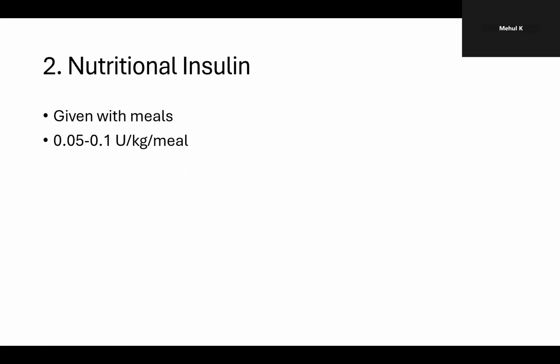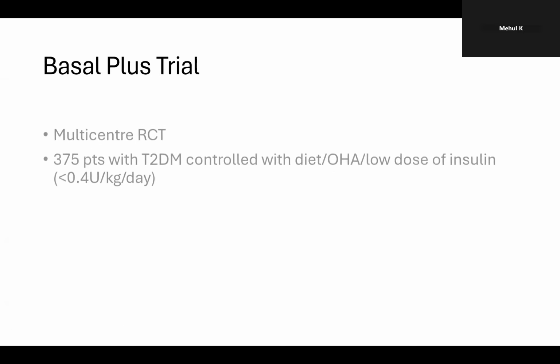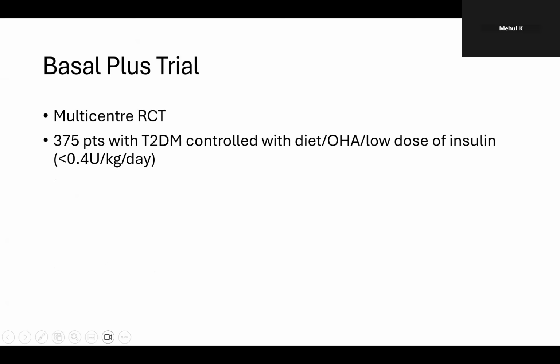Nutritional insulin is what we give with meals, so it will come to around 0.05 to 0.1 unit per kg per meal. There was actually a basal plus trial where they had patients who had mild diabetes controlled by diet or OHA or low dose of insulin.